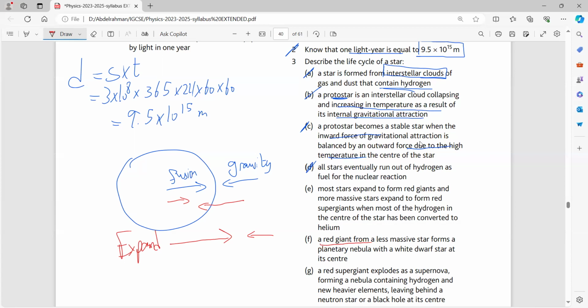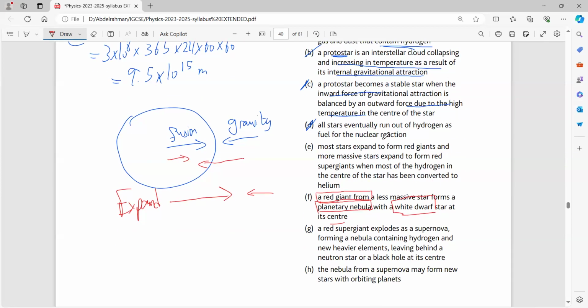These red giants will eventually blow up and form a planetary nebula with a white dwarf in the center. Our sun will become a red giant, which will blow up, giving off a planetary nebula with a white dwarf at the center of this planetary nebula.